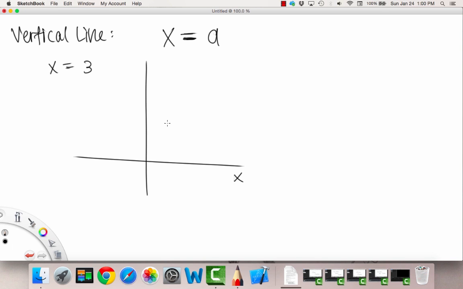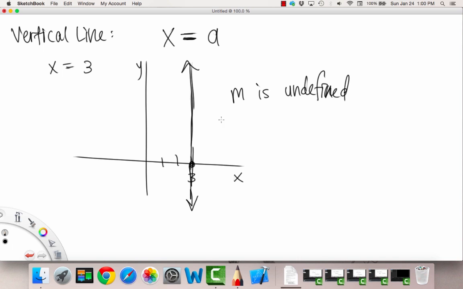So we have our x and our y. Let's say here's x = 3, right? So this is 3 here. And we have a vertical line going straight up and down, continuing up and down to infinity. So in this case, our slope is undefined. That means we have a 0 on the bottom, right? Because if you take any 2 points on here, let's say (3, 0), the bottom point, is the x-intercept, right?